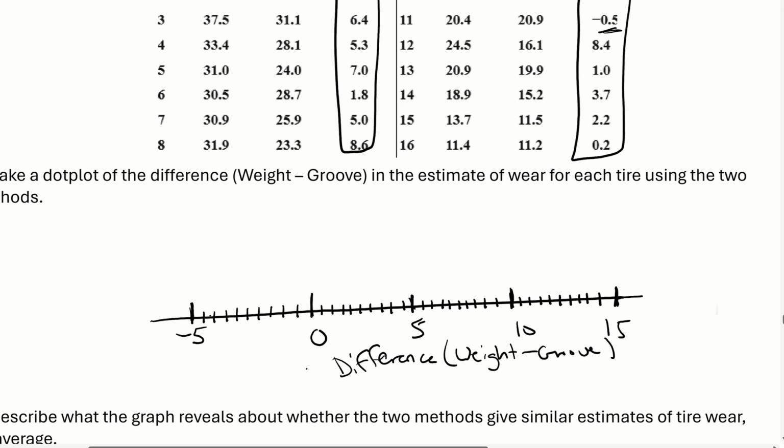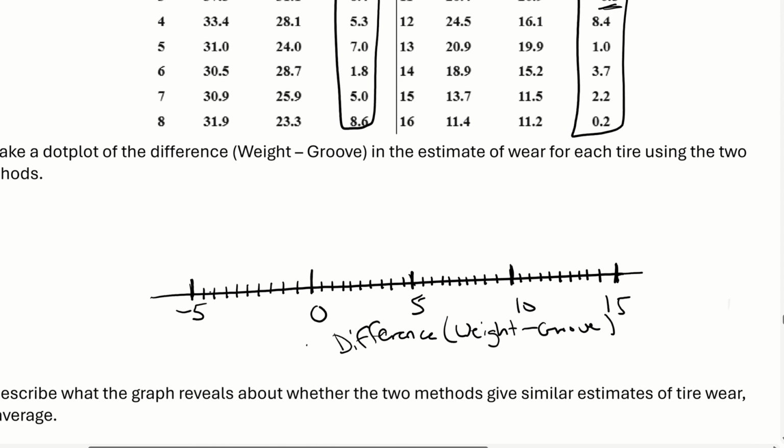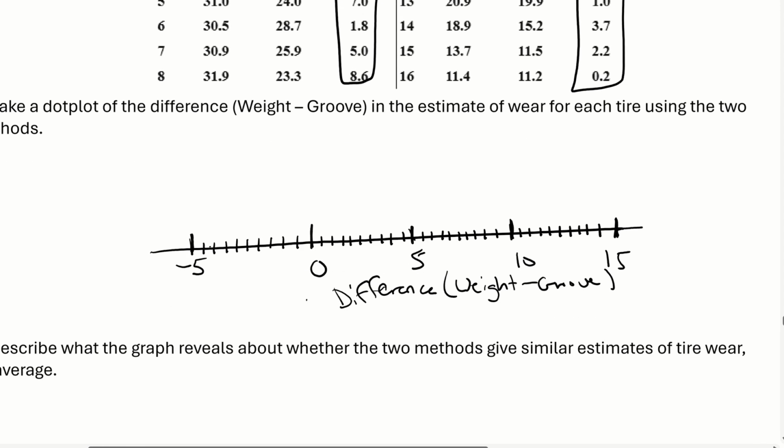Okay, so let's look at the first one. So we have 10.2, all right? So 10.2 is a little bit after this dot, so I'm just going to do a dot right around here. It's sort of like halfway between those two dots.